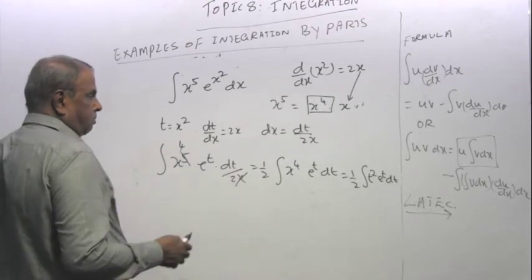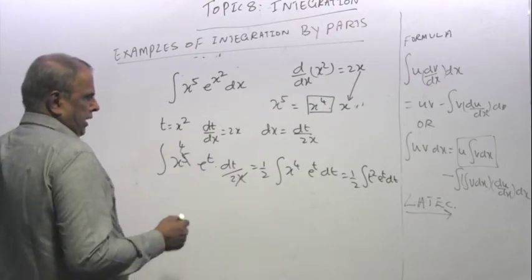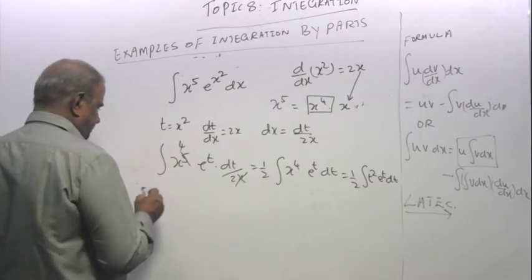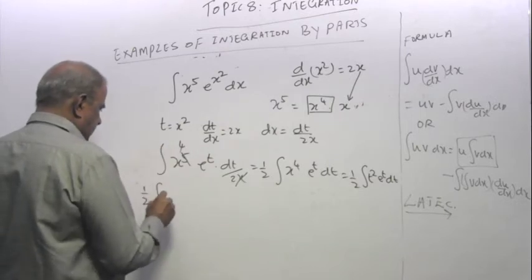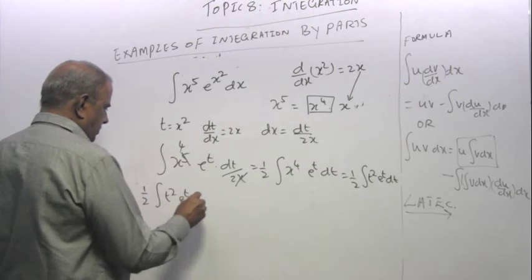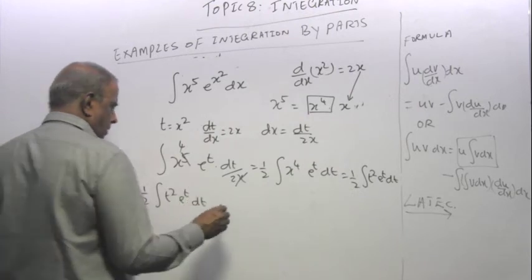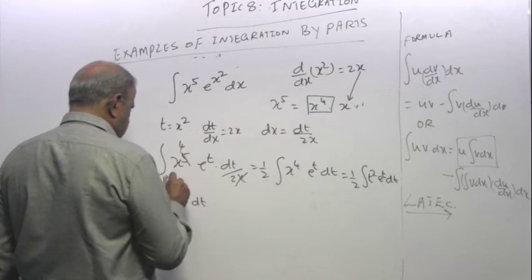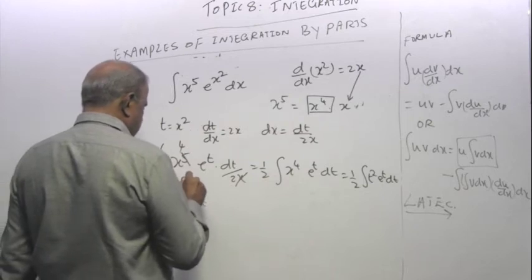So, let's see. Okay? So, half integral t squared e power t dt. So, that is algebraic, that is exponential.